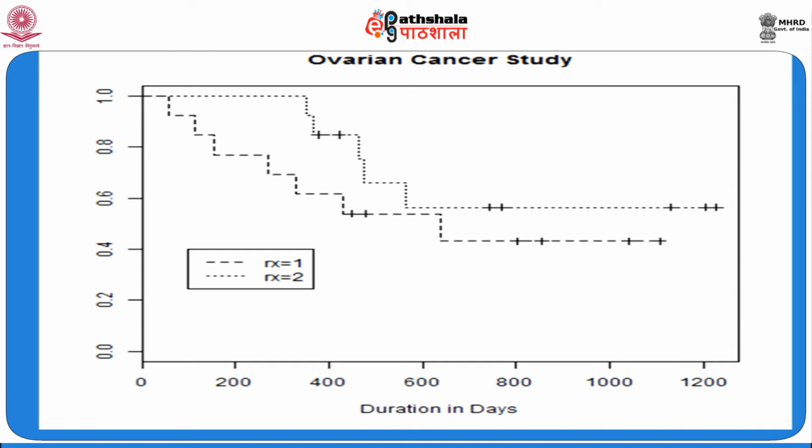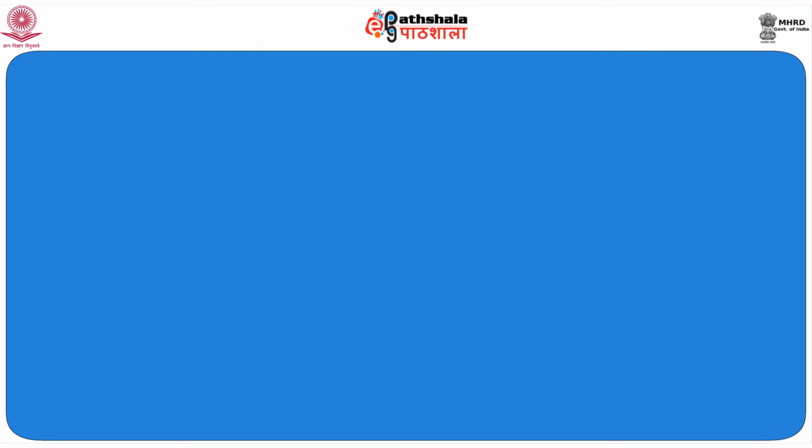Looking Rx-wise, when Rx equals 1, the curve is quite high in comparison to Rx 2. So we can see that the survival of patients treated with the placebo group is quite good in comparison to the treatment group. Now we will go to the next slide.